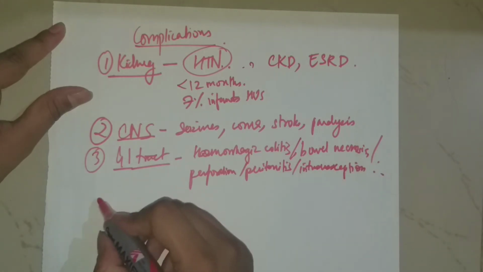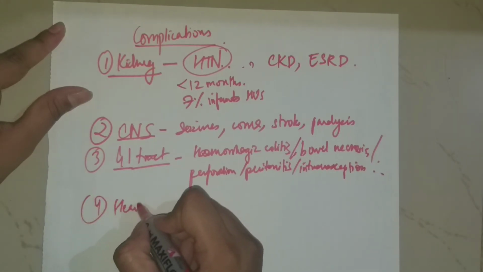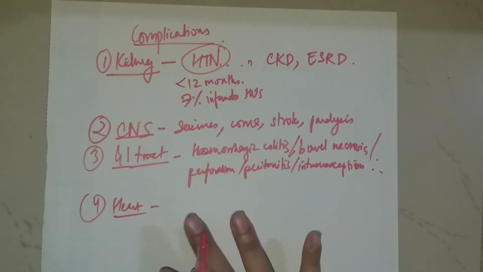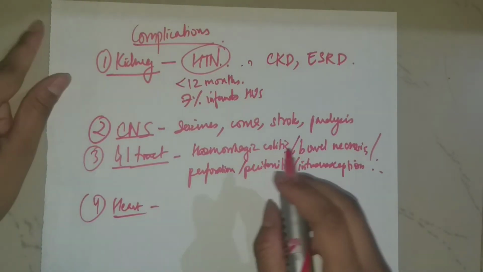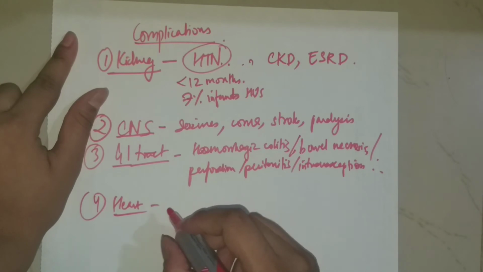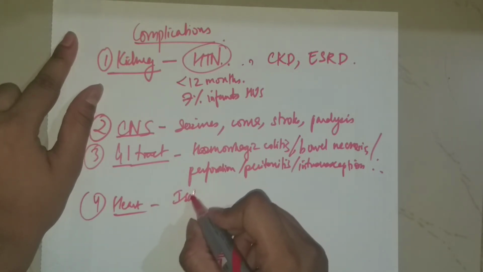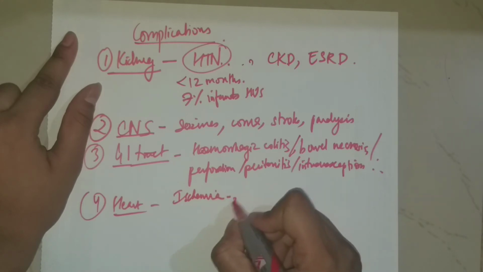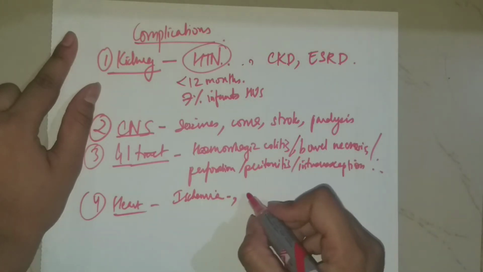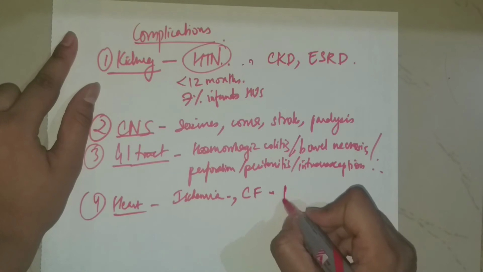Okay. Then in the heart, there might be some complications. See, this disorder is a microangiopathic hemolytic anemia, so it can affect any of the organs, mostly the kidney, but it can affect anything. There might be ischemia and cardiac failure, which causes fluid overload.